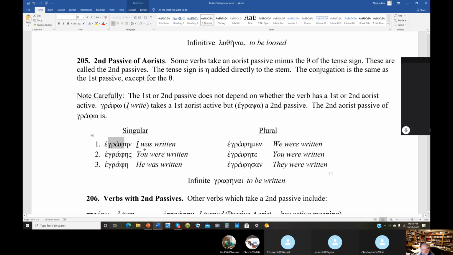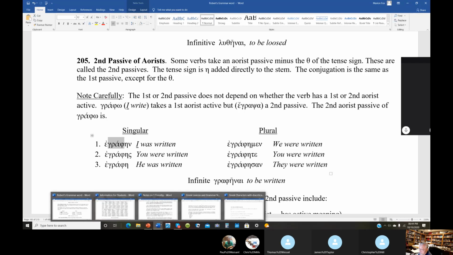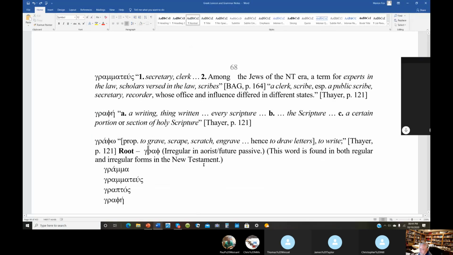But grapho is irregular in something here. It's irregular in the aorist, future, I think. Let's look at grapho again. All right. It's a word found in both regular and irregular forms. This word is irregular in the aorist future passive.